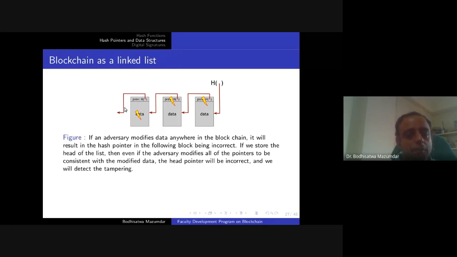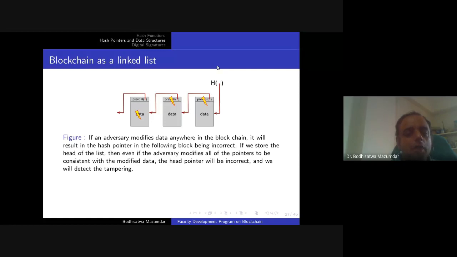That means if an attacker wants to change a particular data in a certain record, he needs to change the data in its subsequent records as well. But when the data in the last record has been changed, the hash of this data will not match with the hash in the pointer.